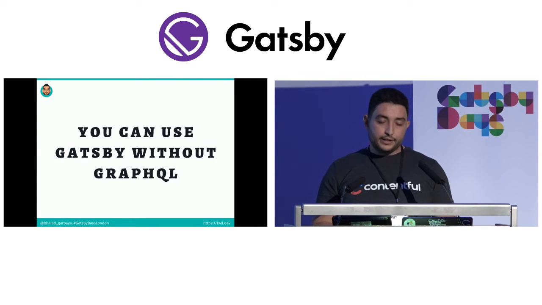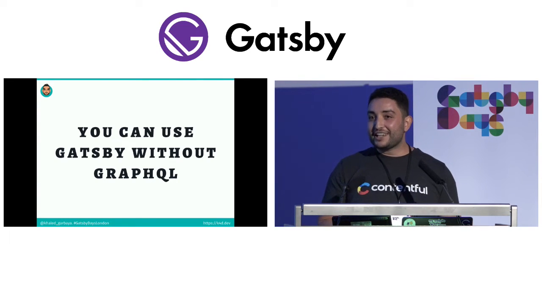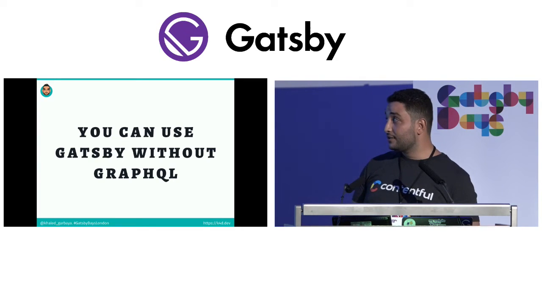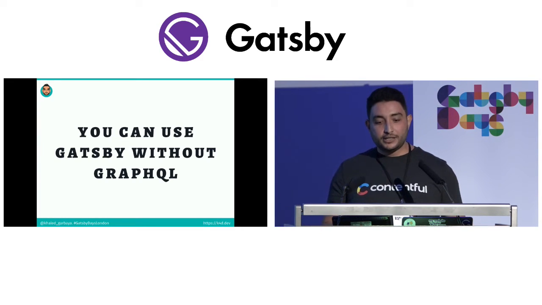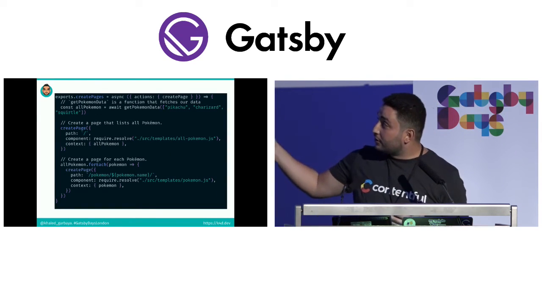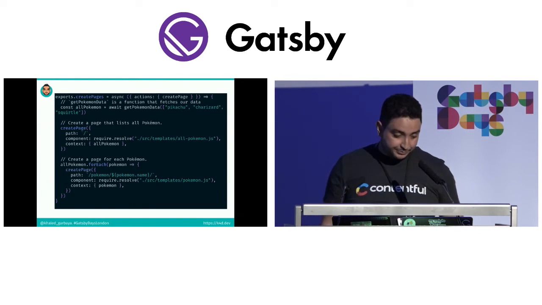Another thing also, you don't have to use GraphQL when using Gatsby. This is something that some people will be complaining about. Like, oh, I don't want to learn GraphQL to use Gatsby. But actually, you can use Gatsby without GraphQL if you don't want to. And here's an example. This is also from the Gatsby documentation. They have really amazing documentation.